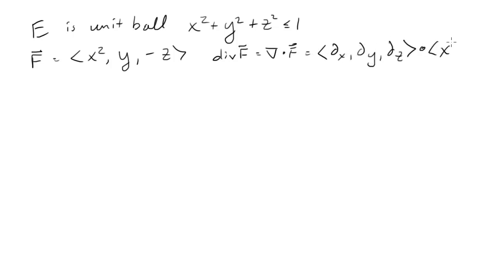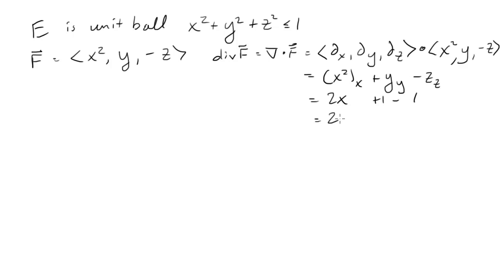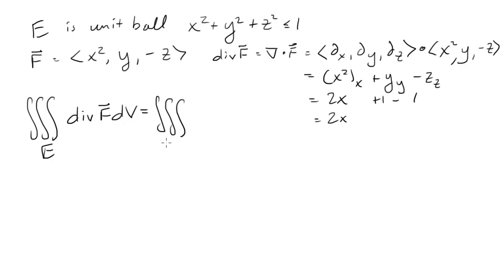Del dot F. Take the x partial of x squared, y partial of y, z partial of minus z, 2x. So my divergence integral over the volume is the integral of 2x over the volume.